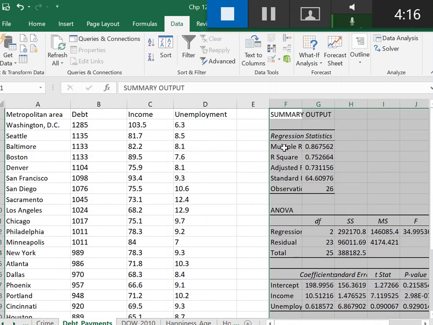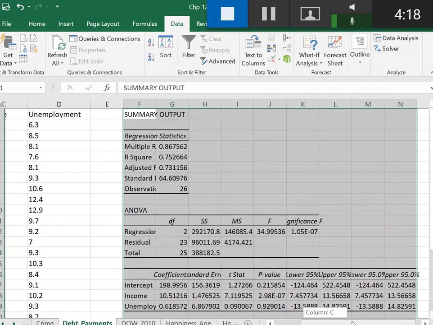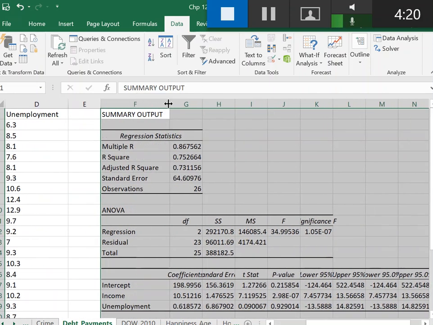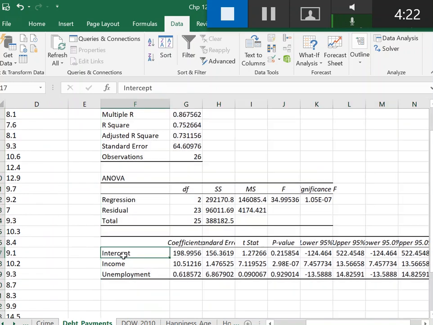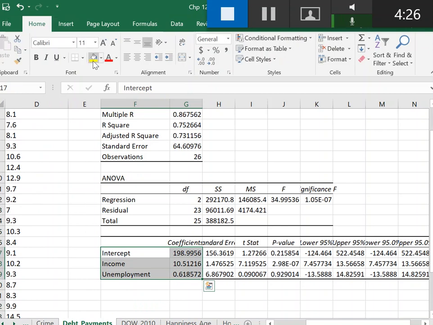So now I've got my statistics here, my data here. Notice in my summary output, now I have intercept as well as income and unemployment. Again, I want to highlight these. So notice now that the intercept has changed. It was what, 210 when we just did one independent variable, but now it's 198, so it's shifted a little bit.